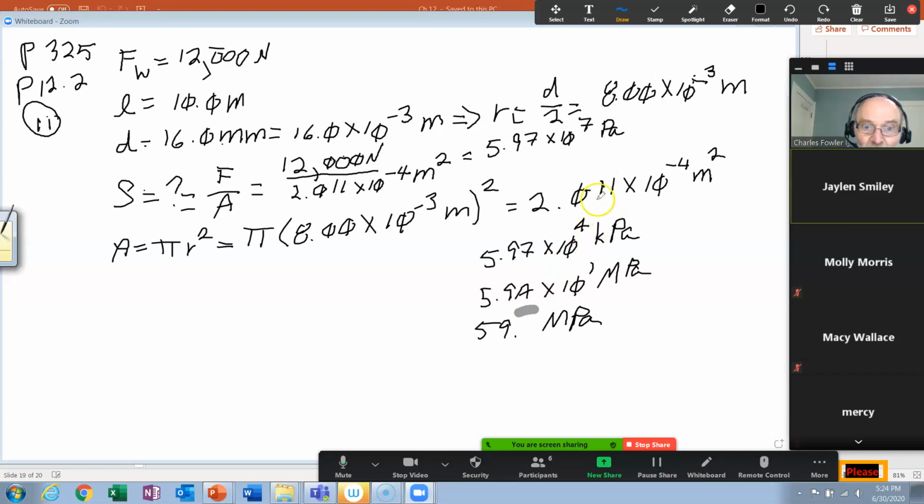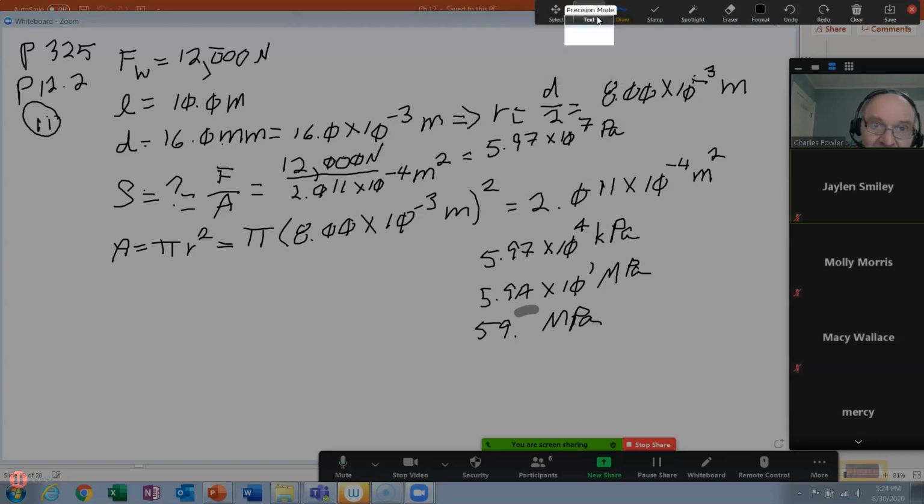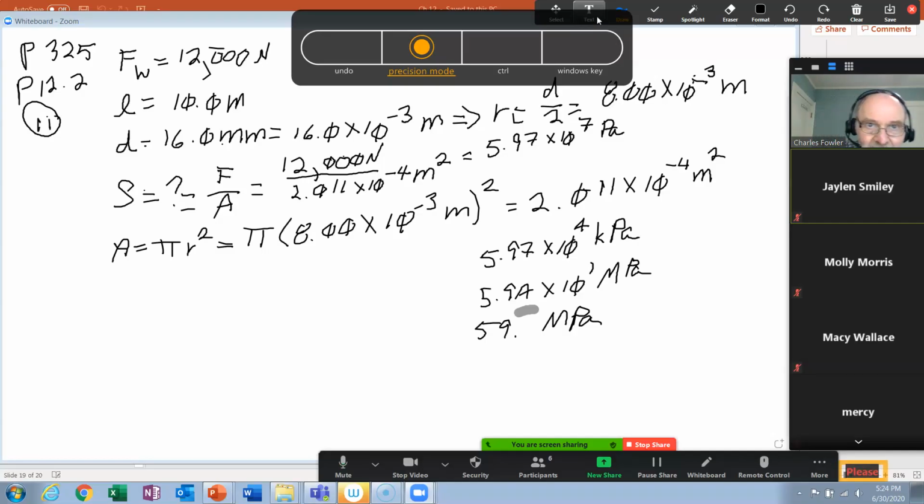Whoa, what in the world is that? I can't get my draw pen up here to go to the right place. I don't know what's wrong with it. It's stuck. Okay, I swear. Okay.